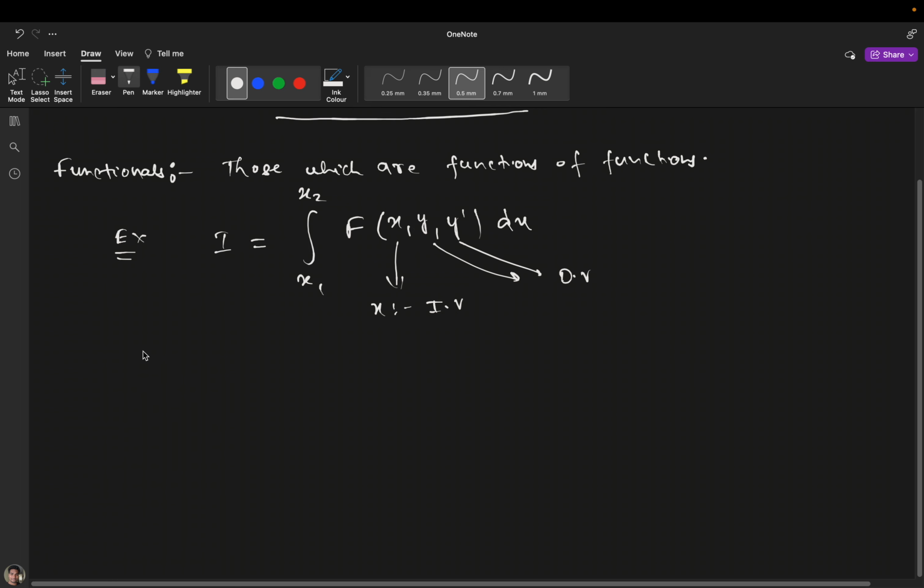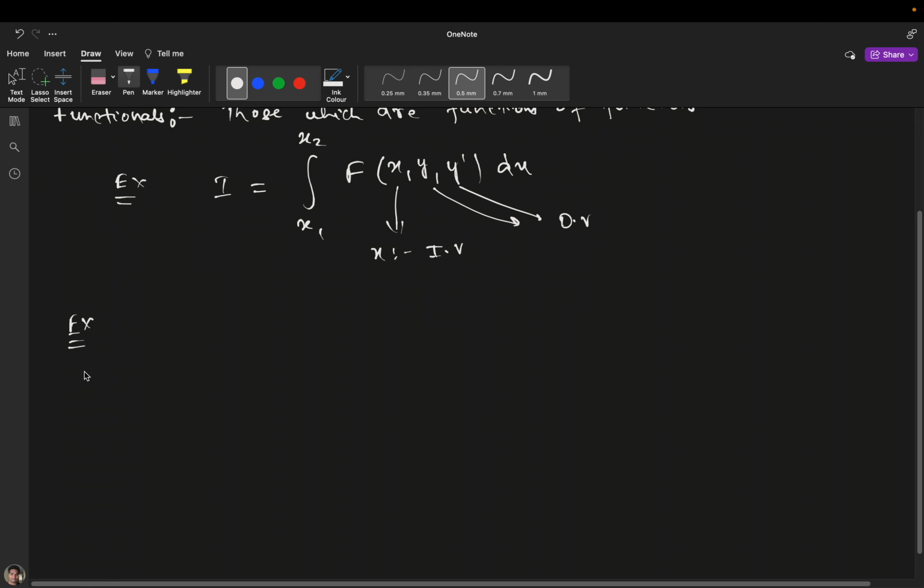Let's see some examples of functionals, where we usually encounter real problems. One of them is the brachistochrone problem.